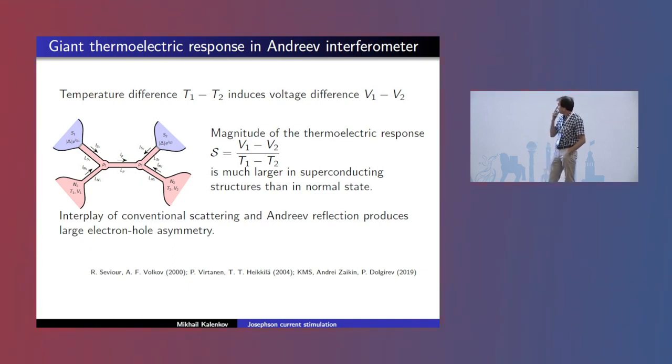The main surprise here is that the thermoelectric effect in such structures with superconducting terminals is much larger than in the corresponding normal structure. That is because of the interplay of conventional scattering and Andreev reflection.